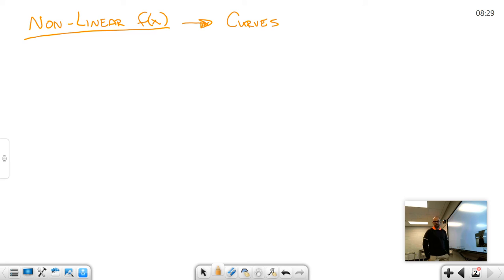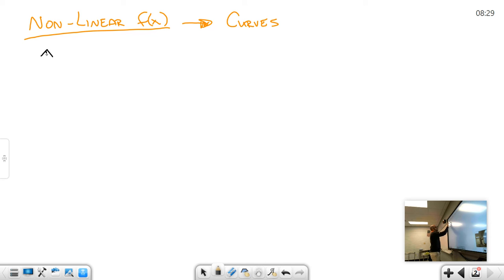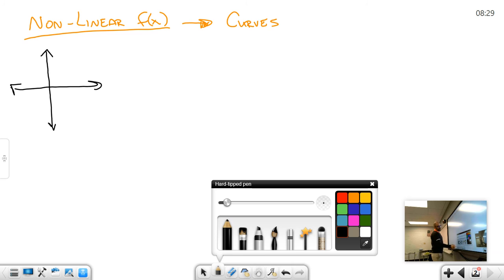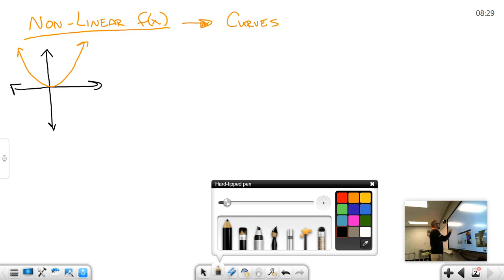What's that going to look like as a graph? If I was to graph a nonlinear function, it looks like this. This will be an example. This has a curve in it. This graph is curved, therefore it's nonlinear.